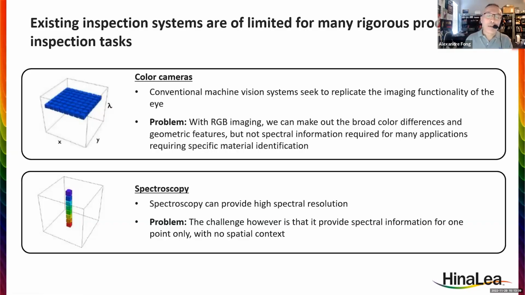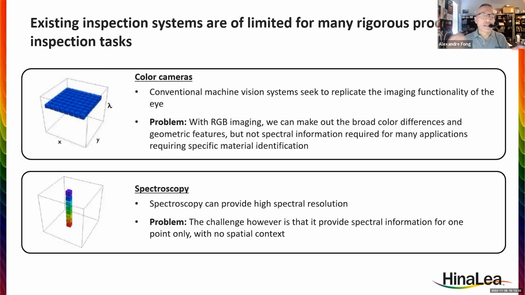Just talking today about hyperspectral imaging and how it can be used in machine vision applications. So let's talk a little bit about, just as a starter, what the difference is between hyperspectral imaging and conventional machine vision systems. As we're all aware, conventional machine vision systems seek to mimic what the eye does.